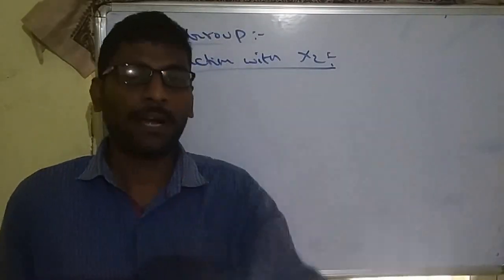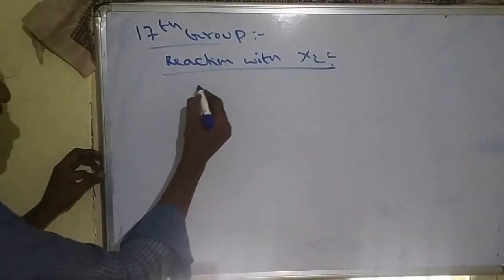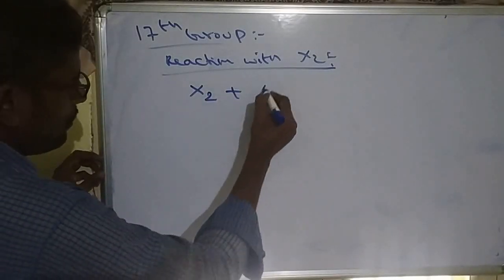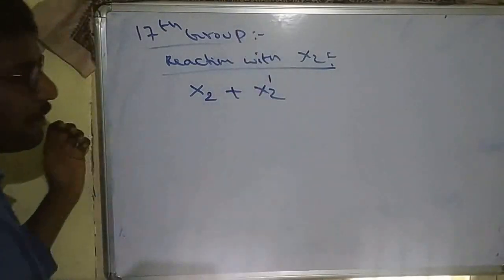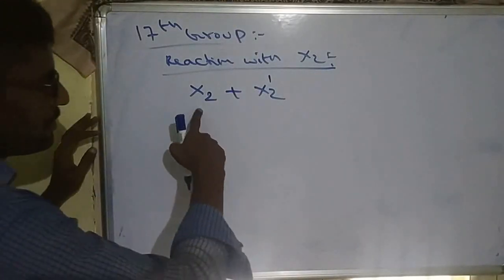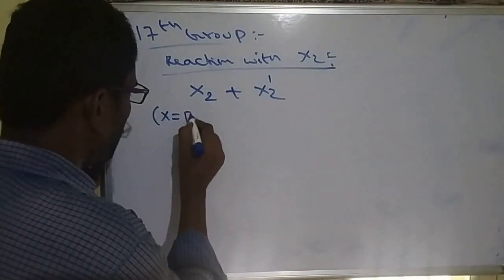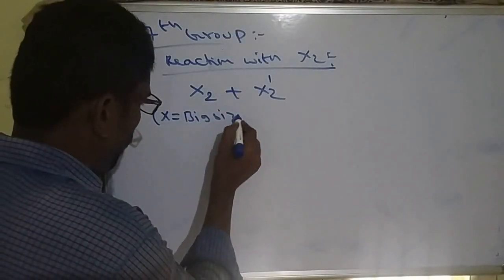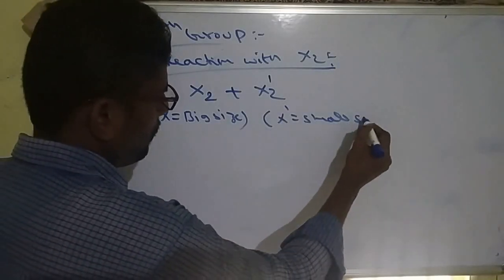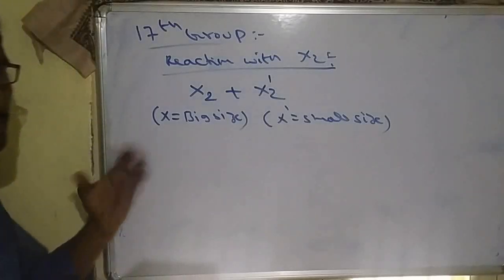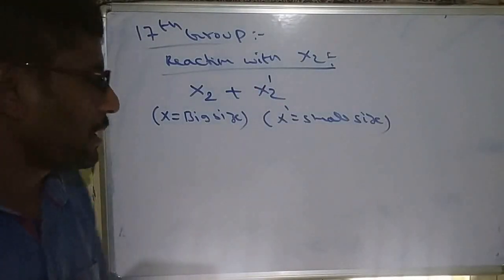So when two different halogens are combining, that is the reaction with halogen. To represent this, both would be represented with X, so one we represent with X dash, a different halogen. Here X is the big size halogen, X dash is the small size halogen.